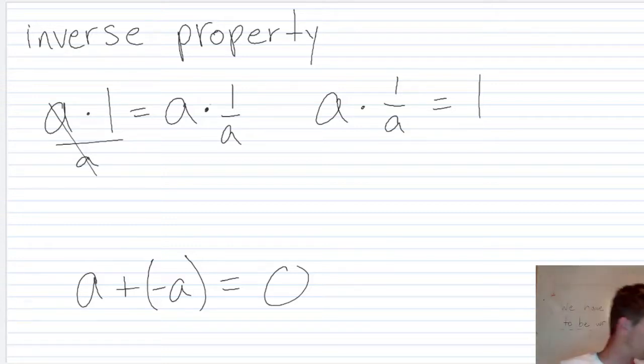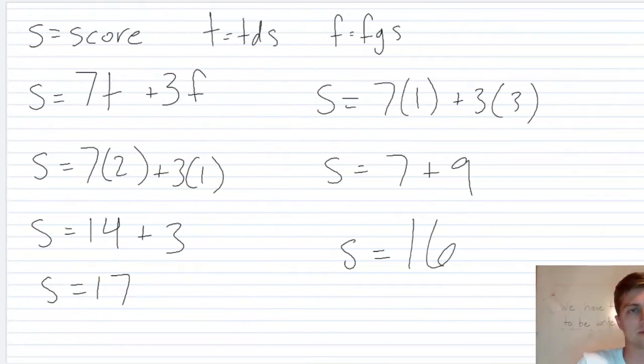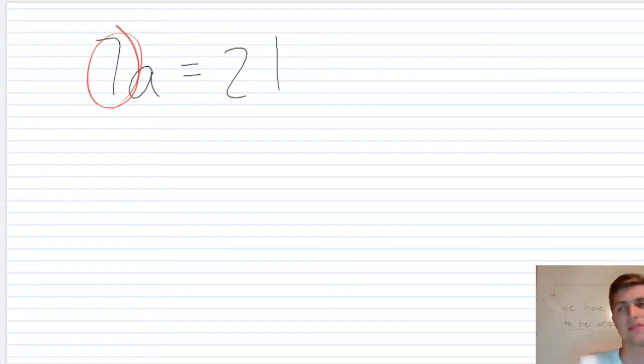Let me give you one example. If we have 7a equals 21, we want to get a by itself. We want to cancel. What's happening to a? It's getting multiplied by 7. So we want to cancel out multiplication by 7.